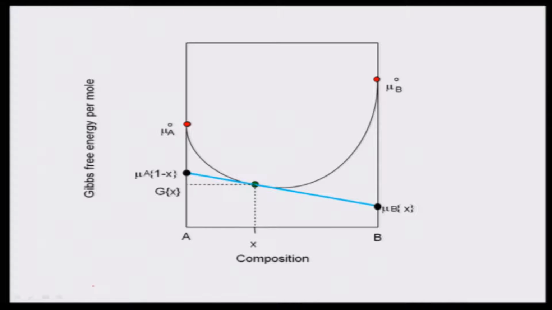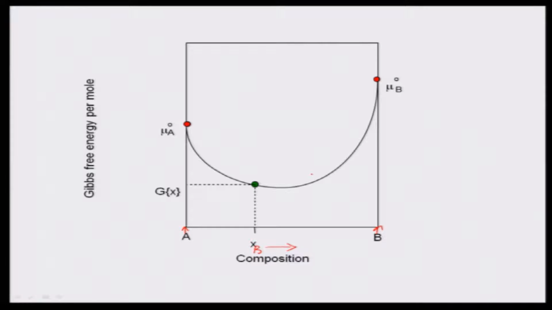You can clearly see that if I go back, this is my free energy curve, free energy versus composition. Suppose composition XB is increasing this way, this is my pure A end, pure B end, correct. So pure A end will have free energy equal to mu A 0, pure B will have free energy equal to mu B 0, that we have already defined, and free energy will be of this kind of shape.